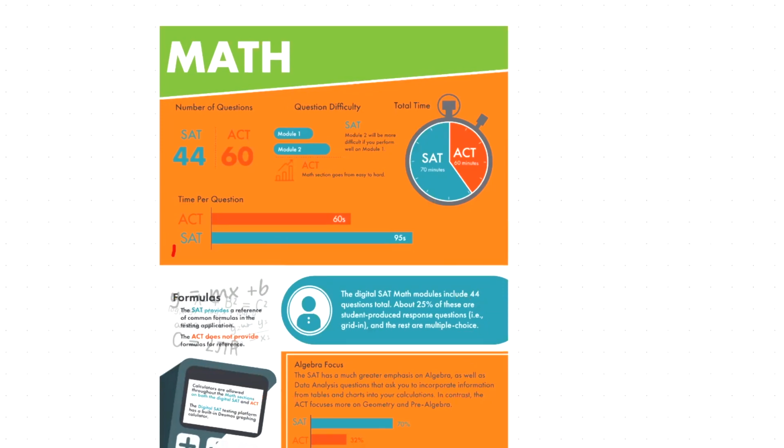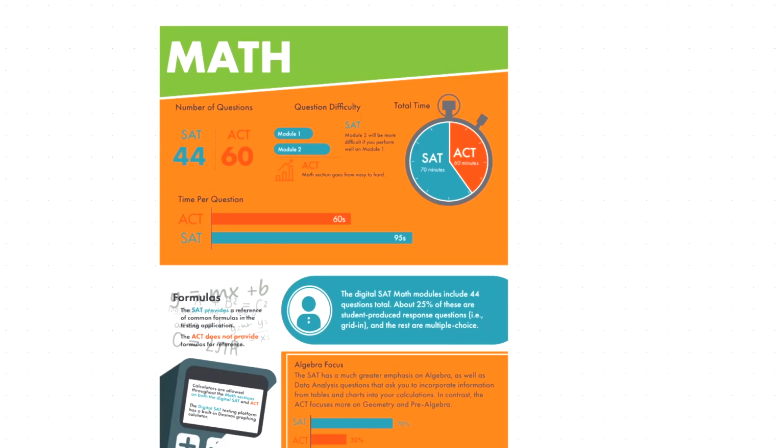The number of questions in the SAT: you will have 44 questions in the math portion. In the ACT, you will have 60 questions to respond to. Question difficulty: module 1 is more like easy questions, we can say, when you compare it to module 2.